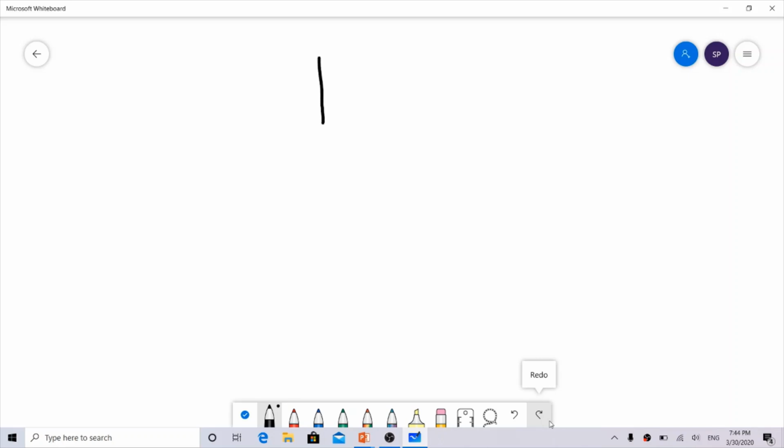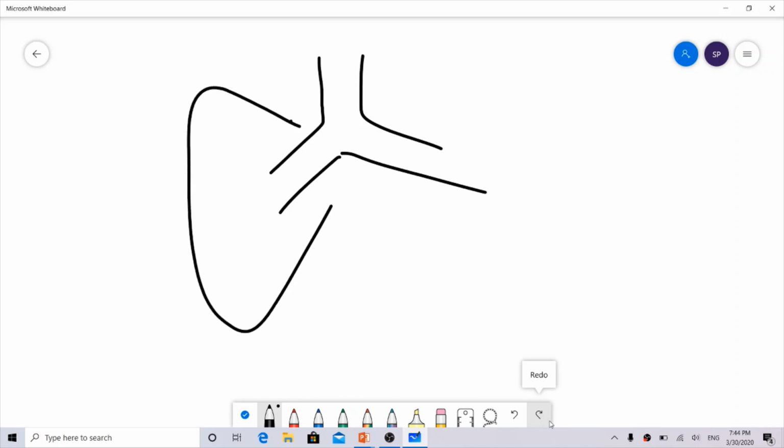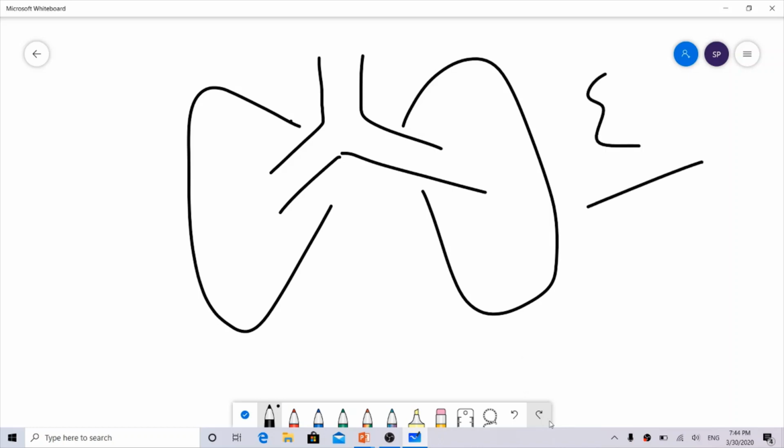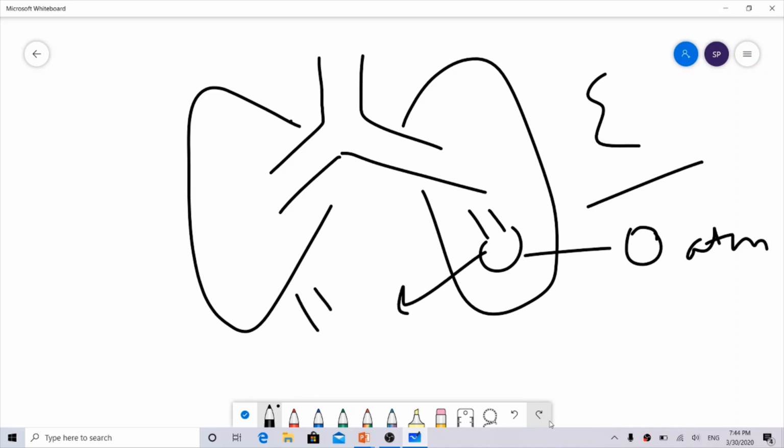So during exhalation in a normal lung, in the alveoli the pressure is 0 atm. And what does this look like? It becomes shrunken, it becomes closed.